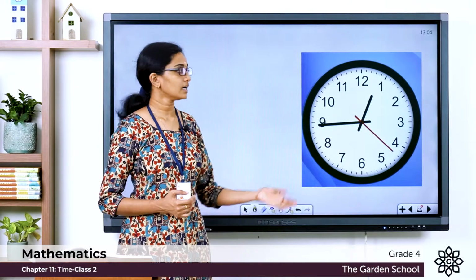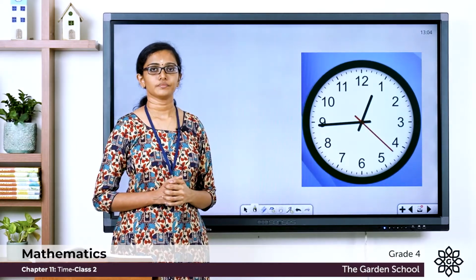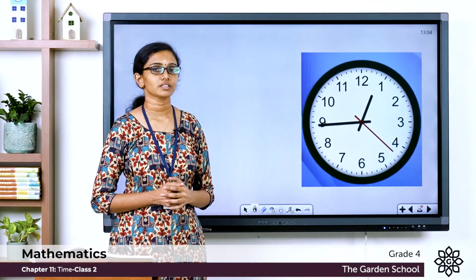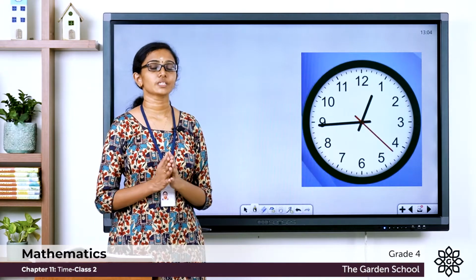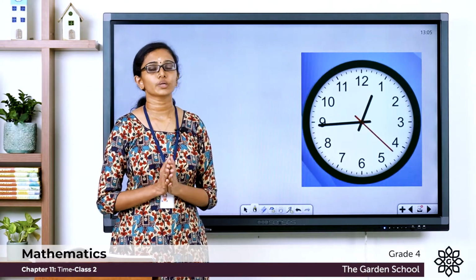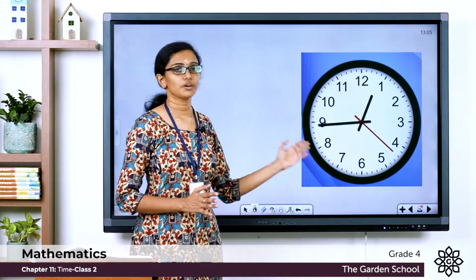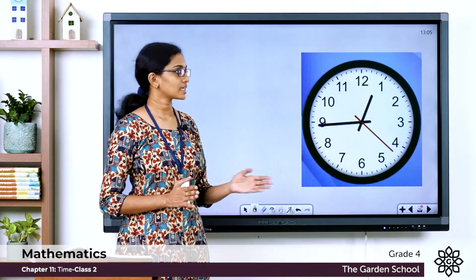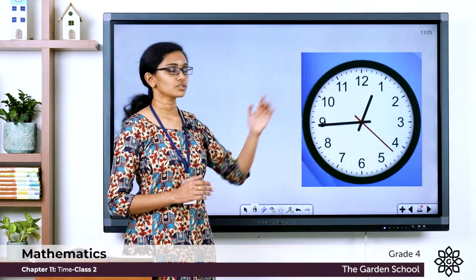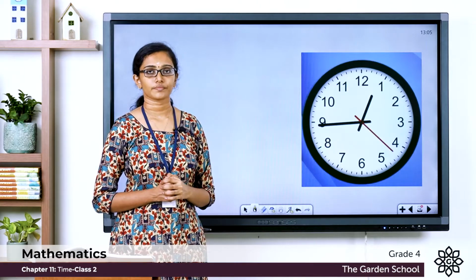So what you see here is a 12-hour clock. In a 12-hour clock, the 24 hours in a day are divided into two equal time zones of 12 hours each. So you can see the numbers from 1 to 12 written on a 12-hour clock.